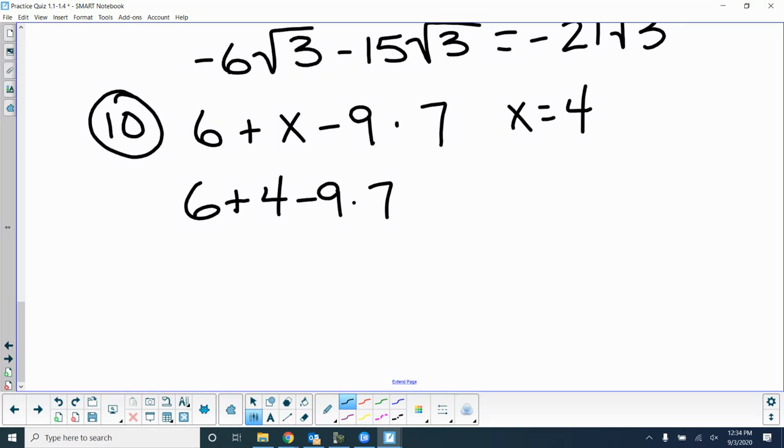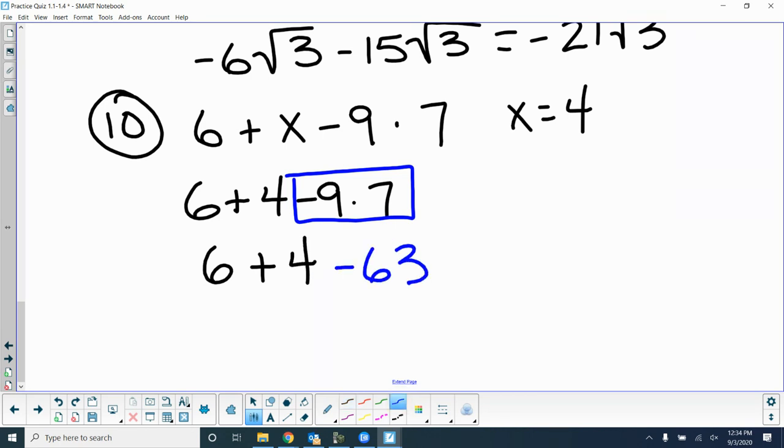Aunt Sally says parentheses, there aren't any. Exponents, there aren't any. Multiplication, division, there's multiplication, so we're going to do that first. So it's 6 plus 4 minus 63, negative 9 times 7. And then just go left to right, addition, subtraction. 10 minus 63 is negative 53.